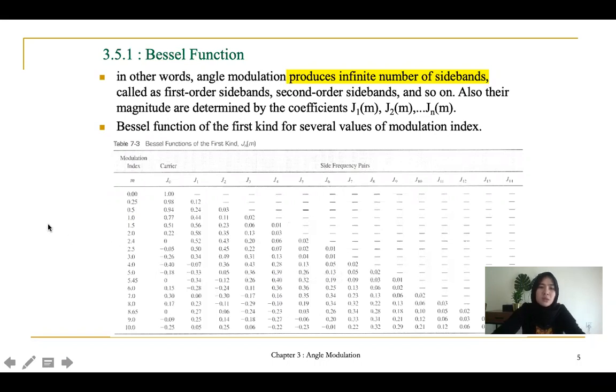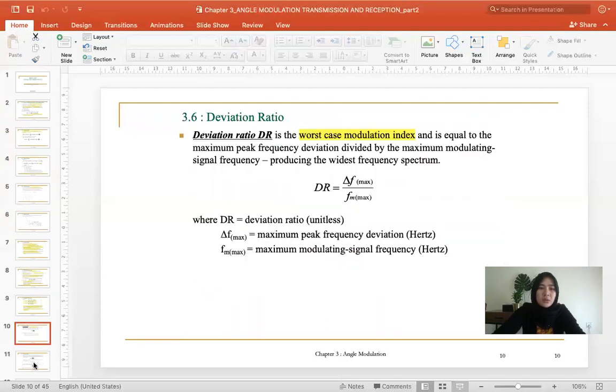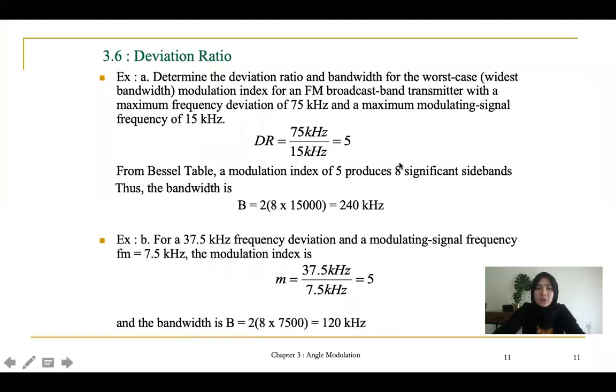This means that you have 8 pairs of sidebands, so your n here is actually equal to 8. So B equals 2 multiplied by 8 multiplied by 15k, and we get the bandwidth equals 240 kilohertz.